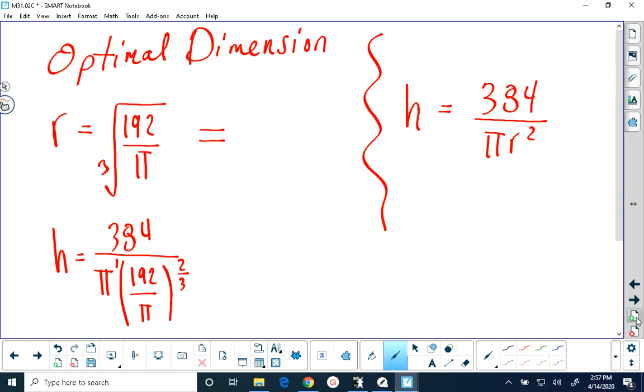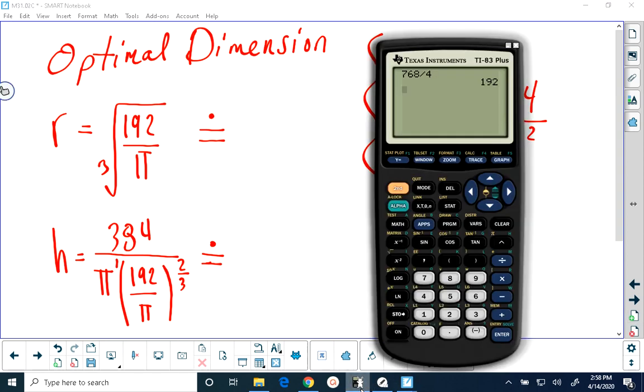What I'm interested in teaching in this course, given the conditions that we're living with right now, is how to get answers, how to do the calculus. Simplifying that expression for h is an exercise in grade 10 and 11 math, and I don't want to worry about it. So let's put 192 over pi taken as a cube root into the calculator, see what we get.